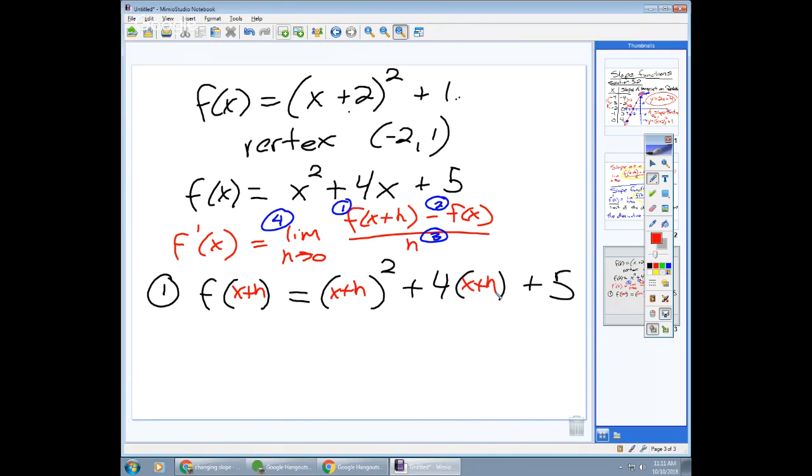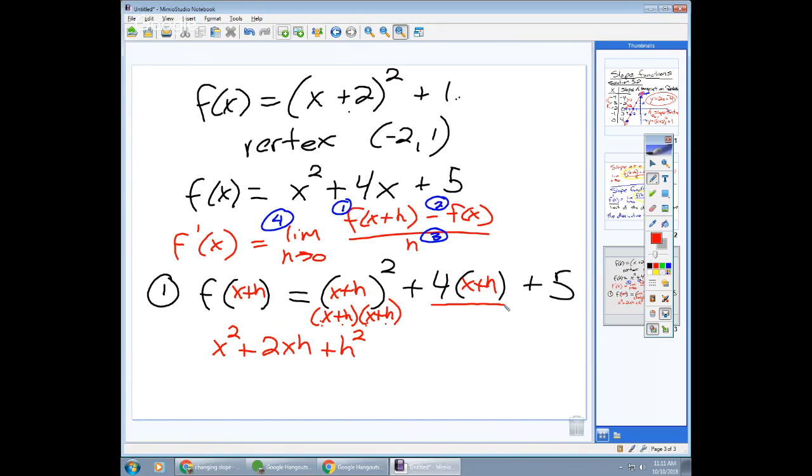And now I have to carefully simplify this expression. What does it mean to square something? Multiply it by itself, so I have to envision this as x plus h times x plus h. Most days I actually write it out instead of just trying to think it. That's going to give me an x squared plus an xh and then another xh, so two xh's, plus an h squared.